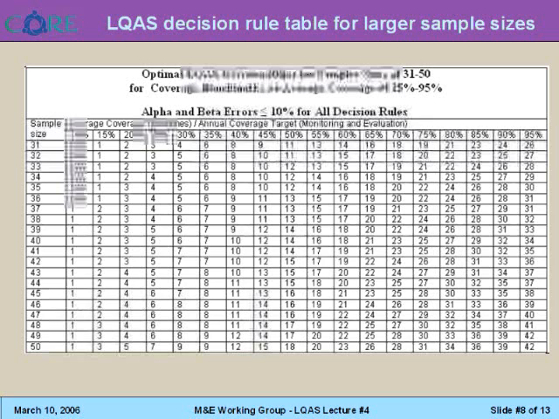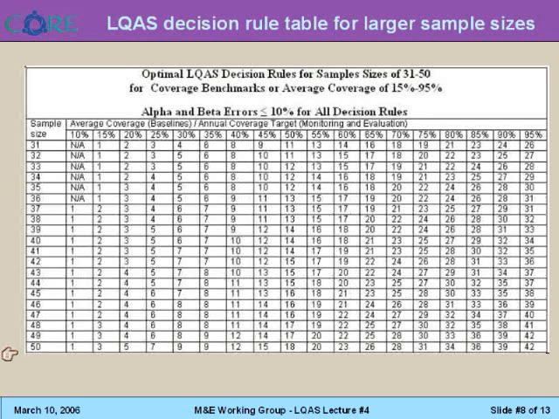Here is the LQAS table for decision rules with sample sizes larger than 30. This table will allow us to identify decision rules for larger sample sizes when we aggregate data from 2 questionnaires or maybe 3 used in a parallel sampling framework.